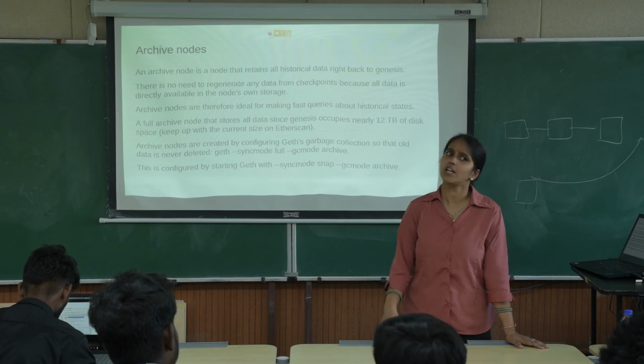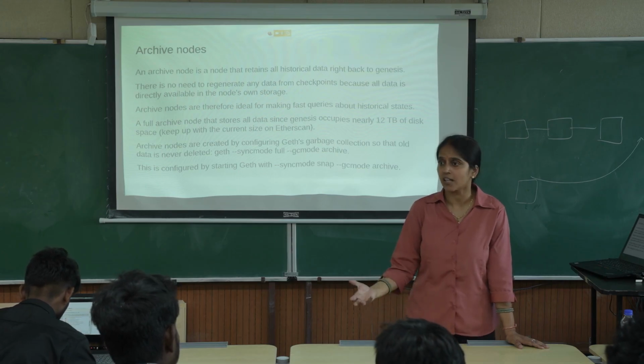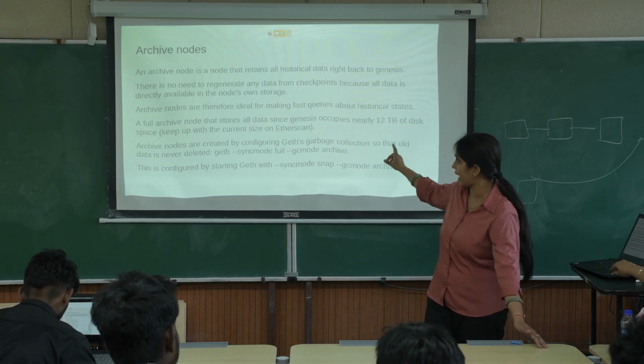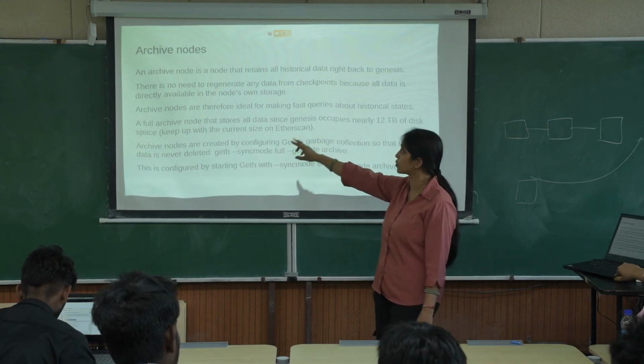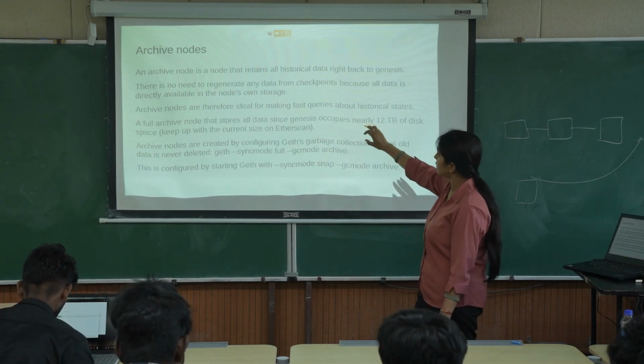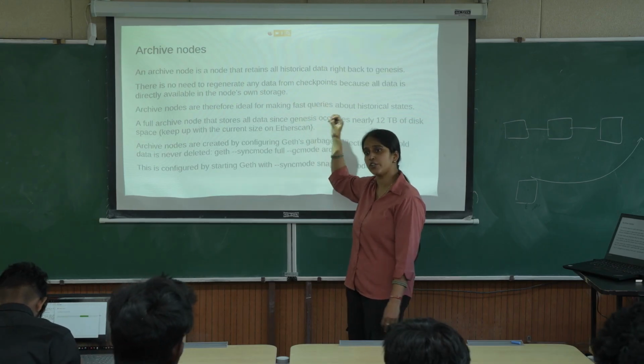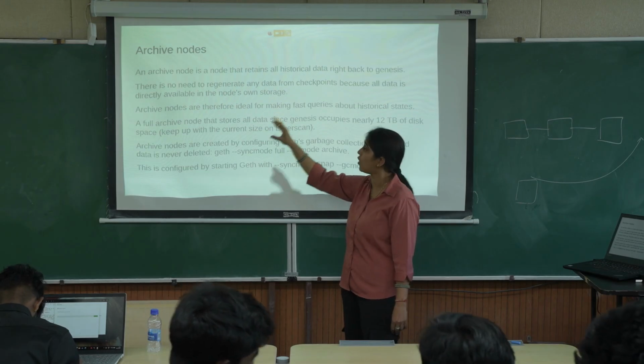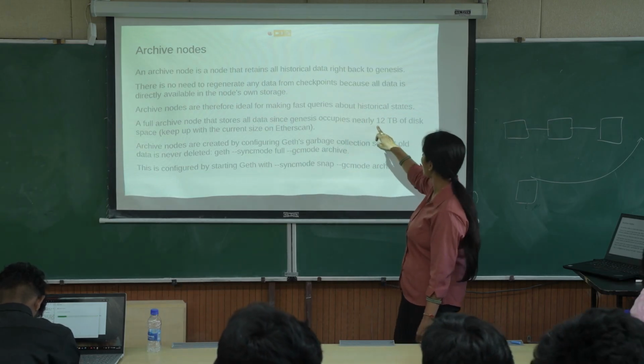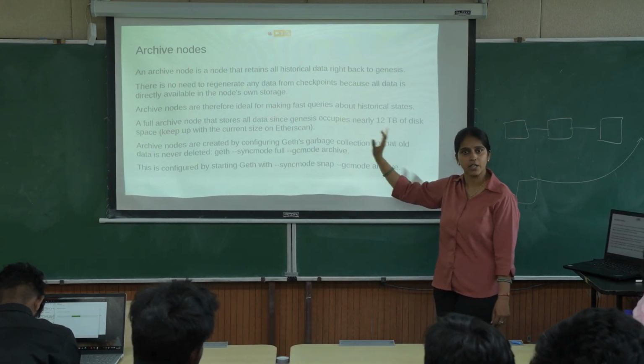Suppose I want to do research or anything, I want to analyze an attack. For that, we have the option of archive nodes also. It will not generate any data from checkpoints. It will provide you the whole data, and this will use about 12 terabytes of your disk.